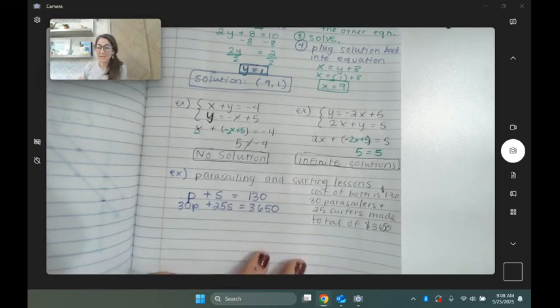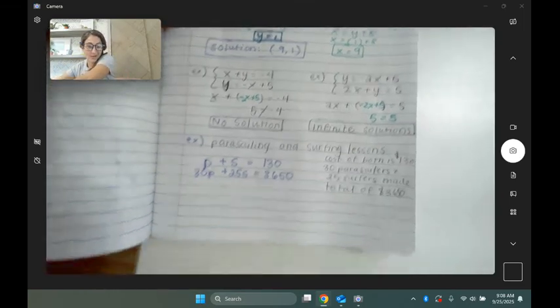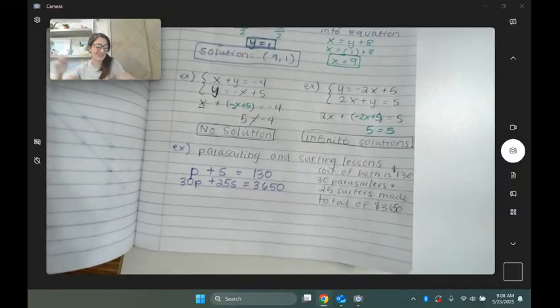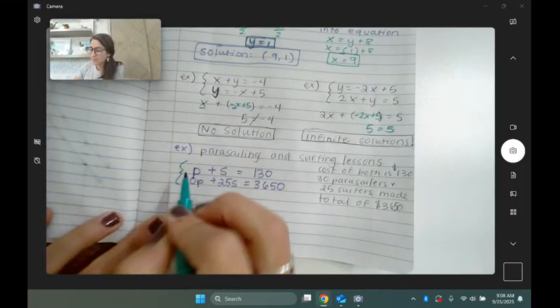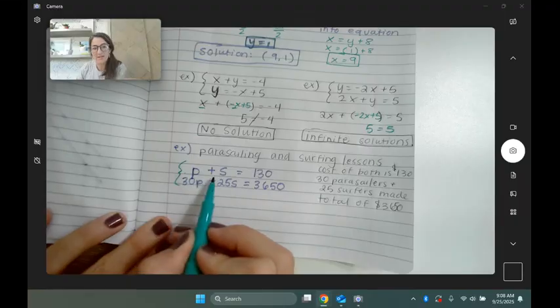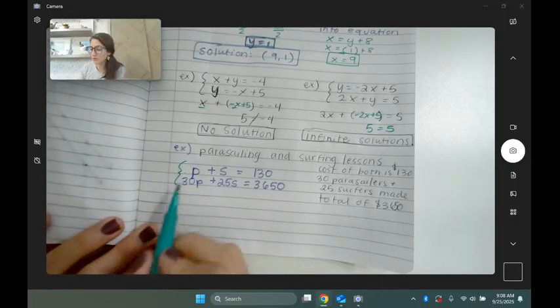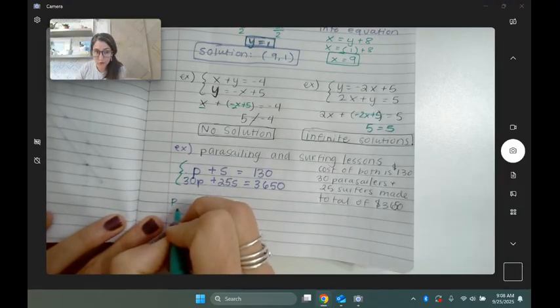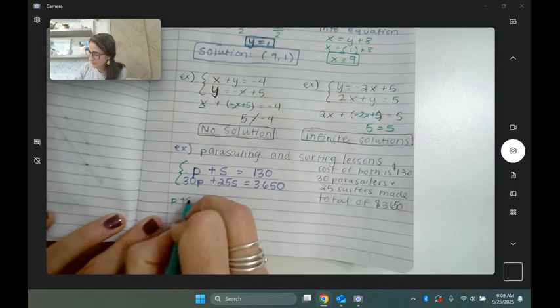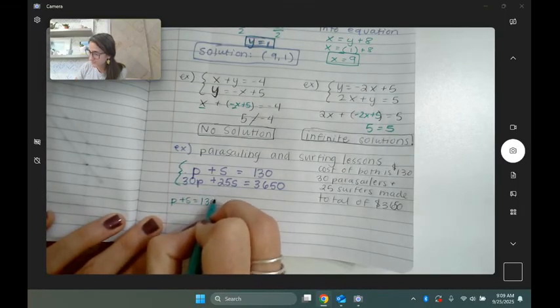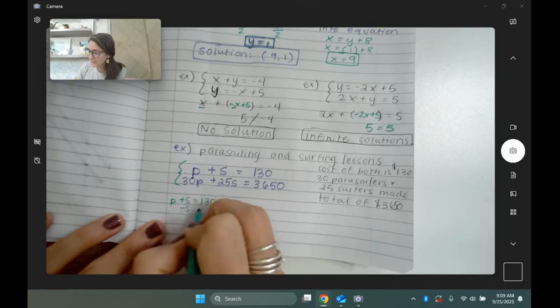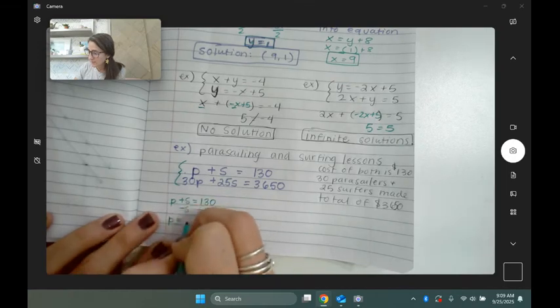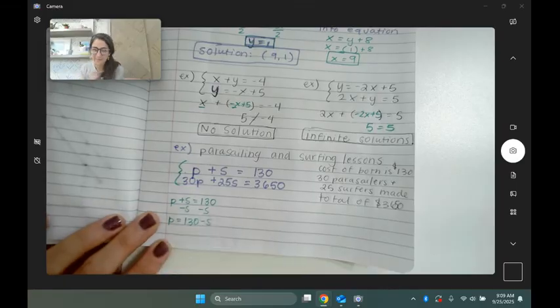Okay, so let's use substitution to solve this because graphing would be pretty tricky on this one. That's a very high number. So step one, I need to solve one equation for one variable. I'm going to choose the top one because P and S already don't have a coefficient. They don't have a number multiplying by them. And it absolutely doesn't matter which one you choose though. So let's solve for P. If I subtract S from both sides, P equals 130 minus S.